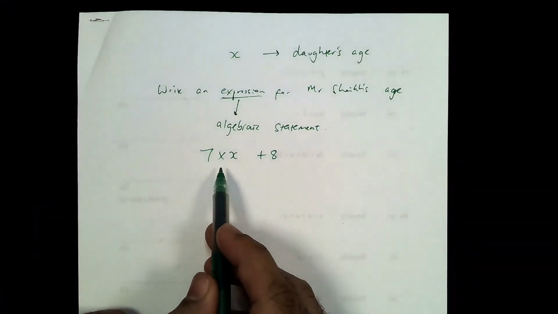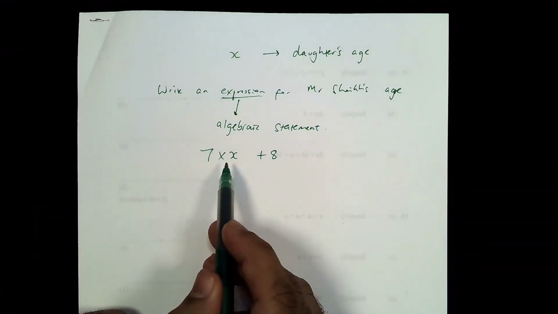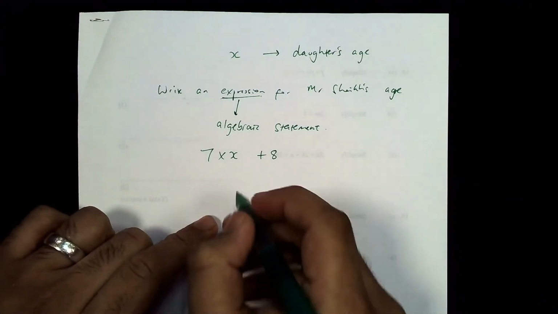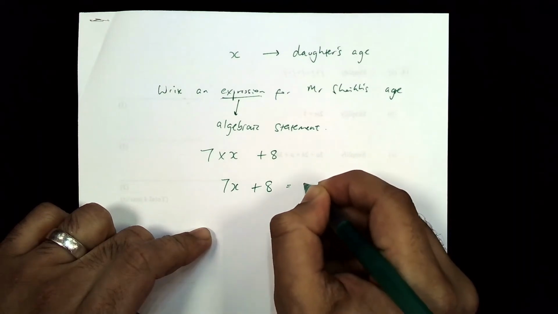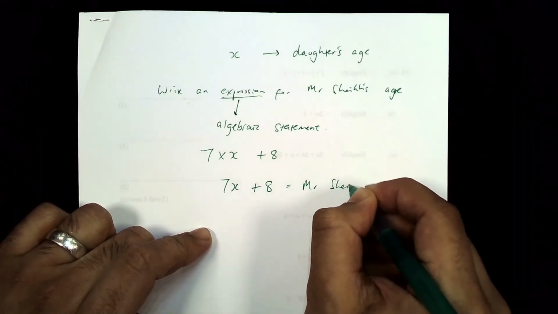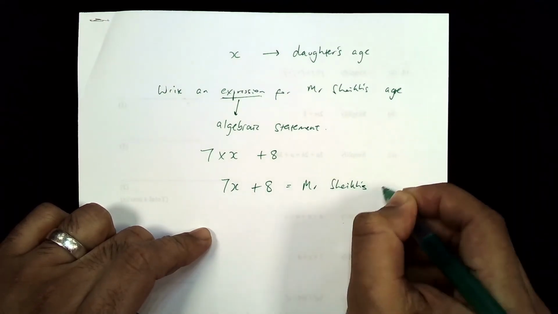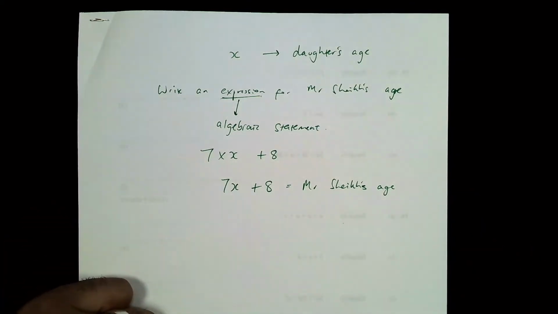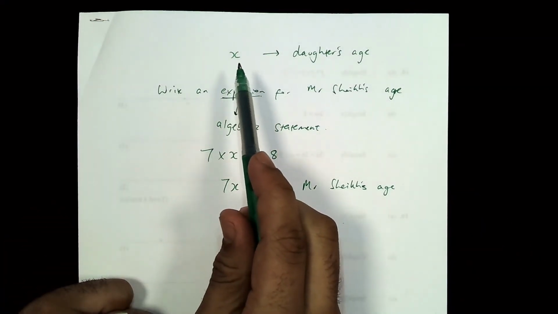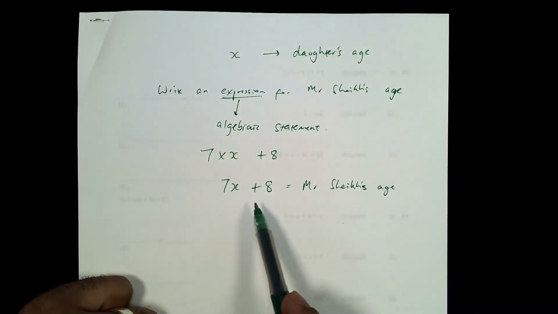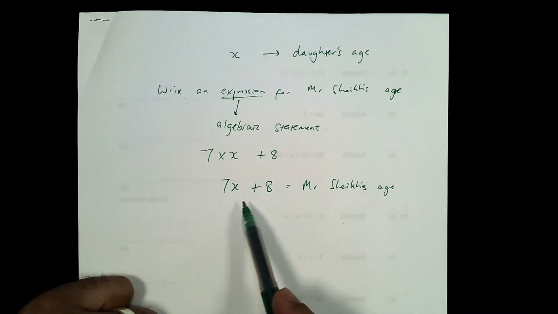Now, we can simplify this because 7 times x, you should know, you can write as 7x. So 7x plus 8 equals Mr. Sheikh's age. Okay? That is an example of using the algebra, the unknown, to create, in this case, an expression.